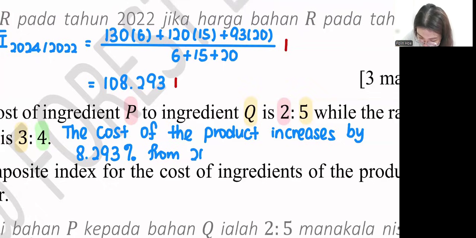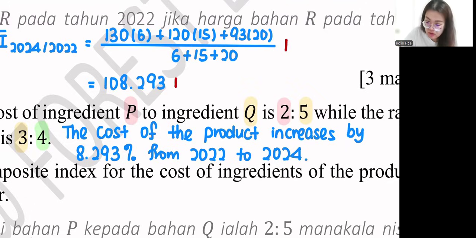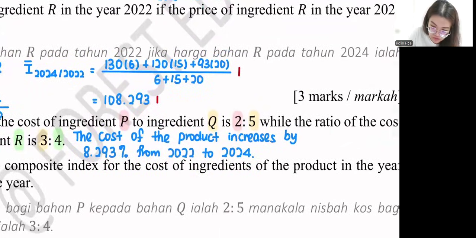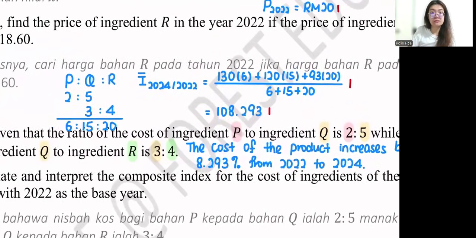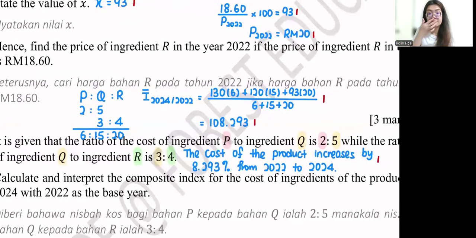Then from 2022 to 2024. From the year 2022 to the year 2024, also the same. This is B part 1.